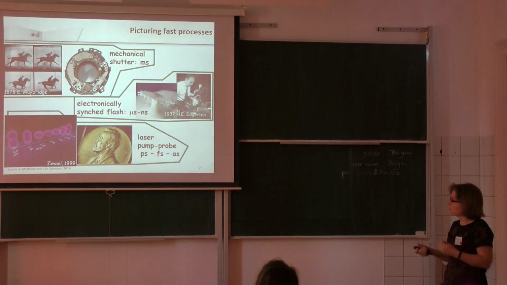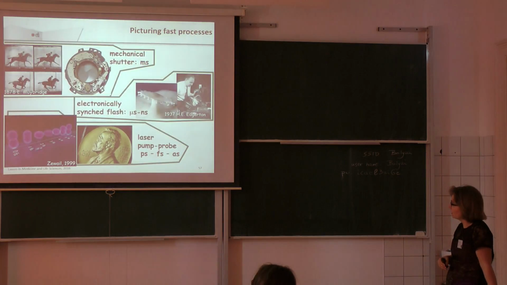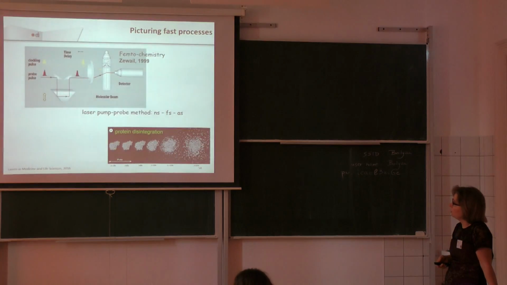But there are processes that are even quicker than that, which happen on the femtosecond and on the attosecond time scale. You need to use something that is even shorter bursts of light. So this is why lasers are being used, and for the synchronization we use a pump probe arrangement.